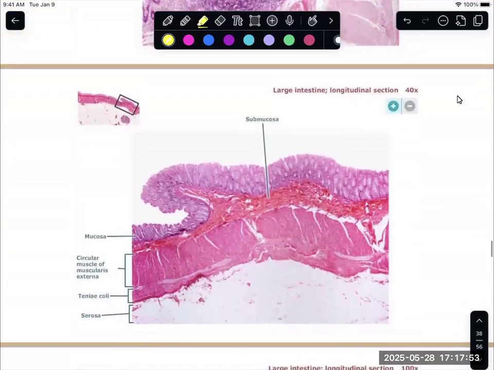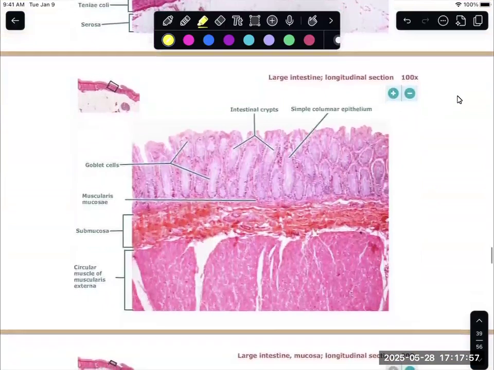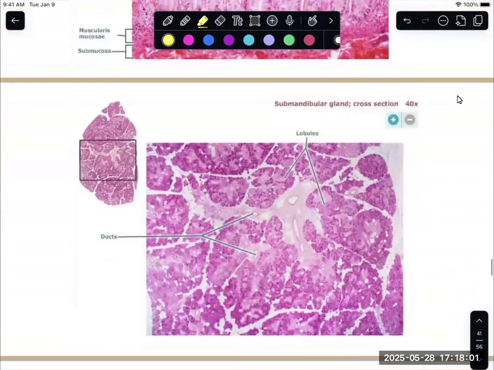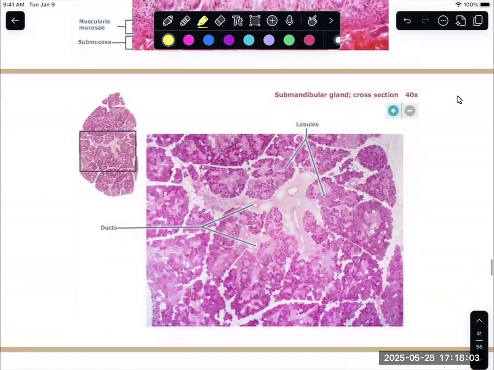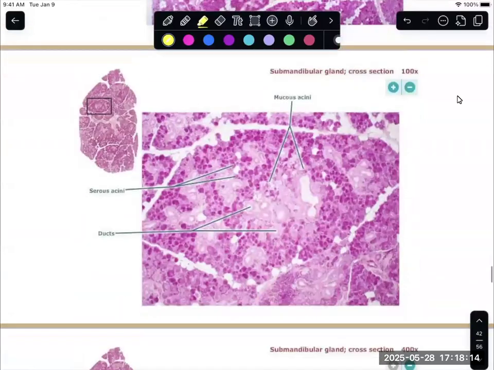Here we get into the large intestine. As we keep traveling along, you can kind of see as these magnify even further. Here we're in the submandibular gland, where we produce saliva. There's the word I was looking for.